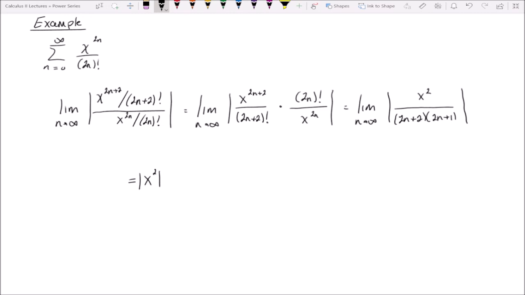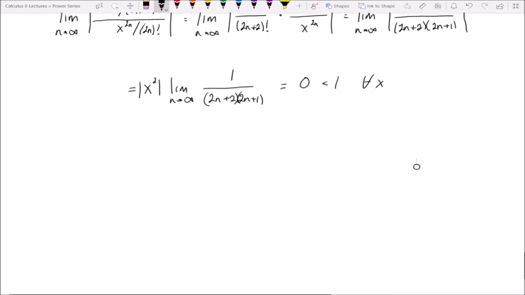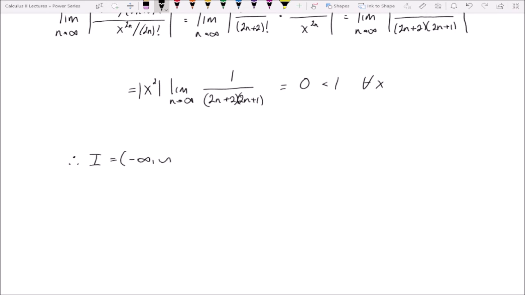So absolute value of x squared times the limit as n goes to infinity of 1 over (2n plus 2) times (2n plus 1). Well, that equals 0. And notice that this is less than 1 for all values of x. Right? This limit is always going to be less than 1. So the interval for this series is all real numbers, negative infinity to positive infinity.